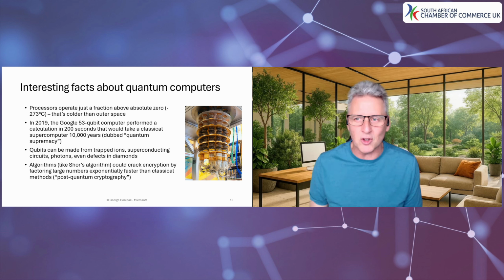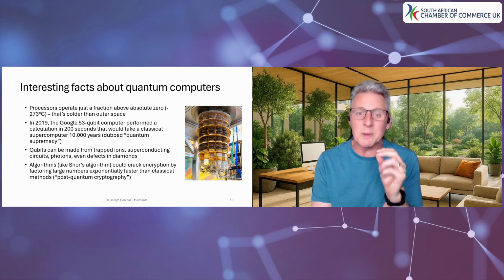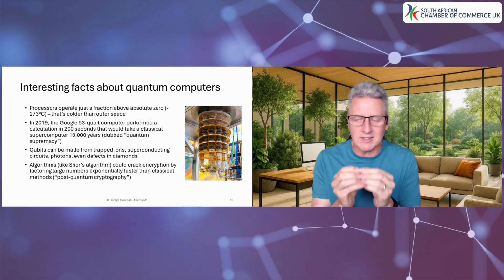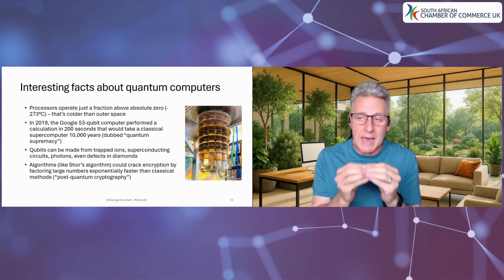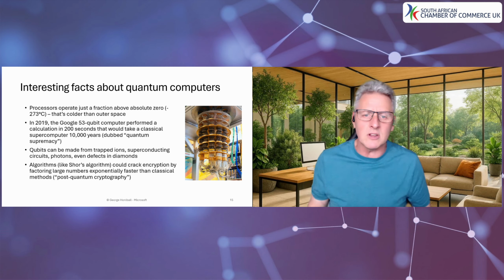I've had friends and colleagues that have been to Canada where it's been -20, -30. I have a colleague who grew up in Russia and it got to -40. I cannot understand how cold -273 degrees Celsius is, but that is the challenge: getting these processes down to that temperature, and being able to do it for a long, sustained period of time is very, very difficult.